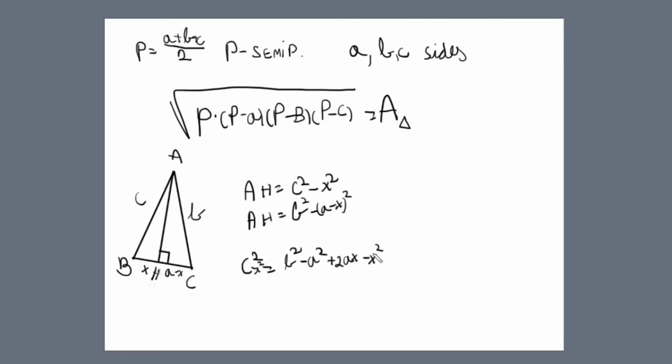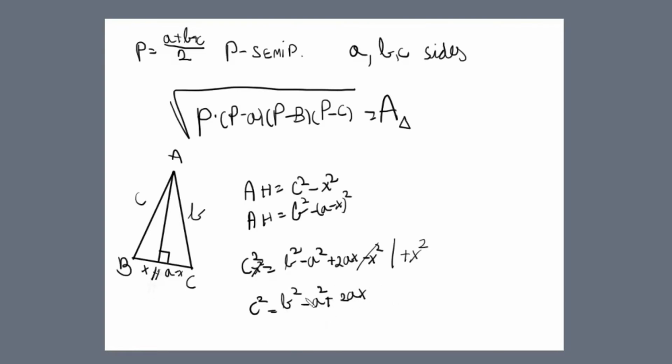Good. So the X squared is going away because we subtract everything by X squared. And we're left with C squared is equal to B squared minus A squared plus 2AX. Good.